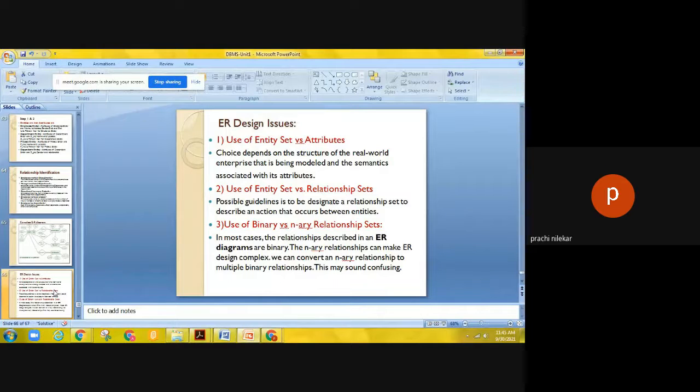See, for example, we have an entity set students with its attributes. Listen properly, I am explaining the use of entity set versus attribute. Sometimes we use a particular object as an entity set, or sometimes it comes as an attribute. Suppose student is an entity with its attributes ID and name.